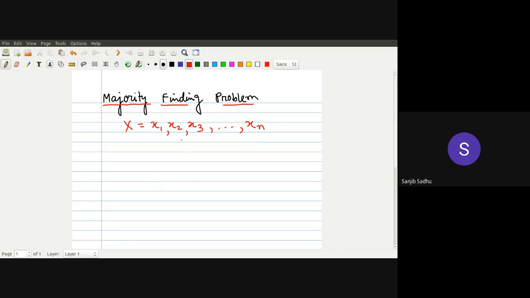You can take real numbers, but I'm saying these are integers, and the array size is n. Now the question is, does there exist an element xi which has occurred greater than or equal to n by 2?